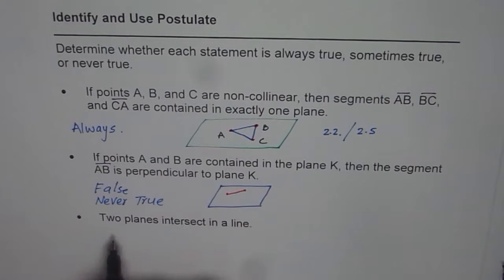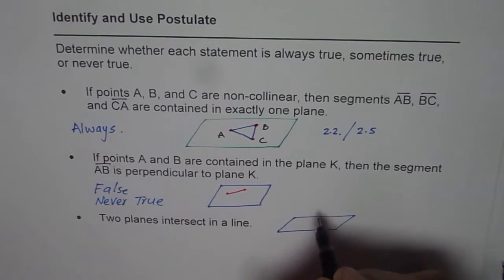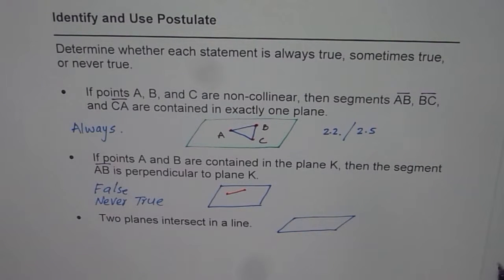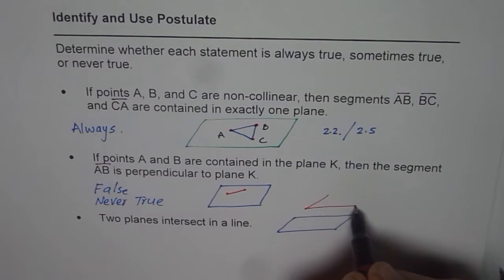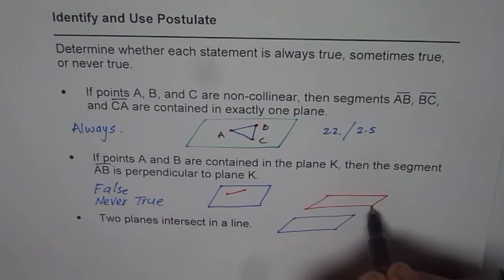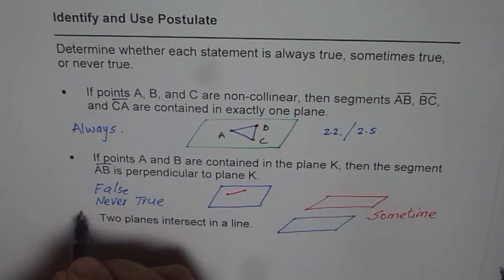The third one is, 2 planes intersect in a line. Well, if 2 planes intersect, then they will intersect in a line. So whether the statement is true or false, that is what you have to figure out. It is sometimes true, since the word "if" is missing.